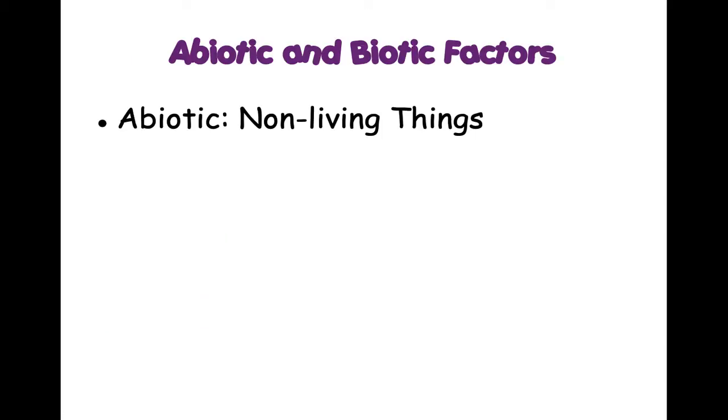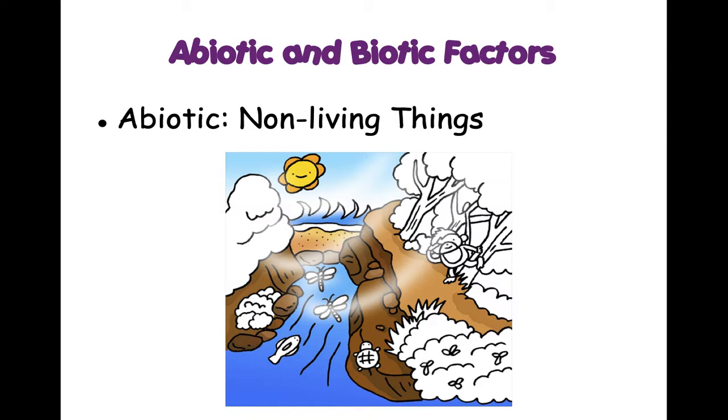So when we talk about each of the biomes, I want you to think about the abiotic and biotic factors. Abiotic are the non-living factors. These are the things like temperature, precipitation. Let's see what else is in this picture. So temperature with the sun, precipitation, maybe the water, the soil quality. So these things will help define a biome, or the non-living things.